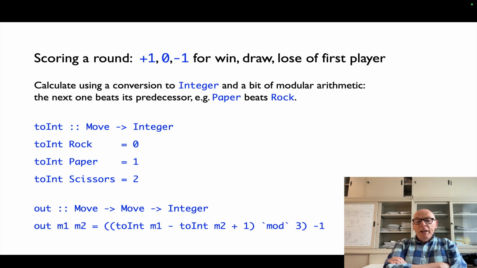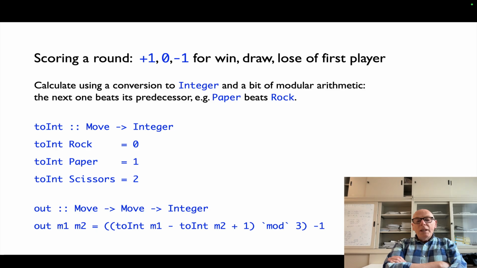And you can see from here that the immediate successor beats its predecessor. Paper beats rock, scissors beats paper. So if we take their scores and the difference is +1, it's a winner. If they're the same, the difference in scores is 0. If there's a difference of 2, then the higher one is the loser.